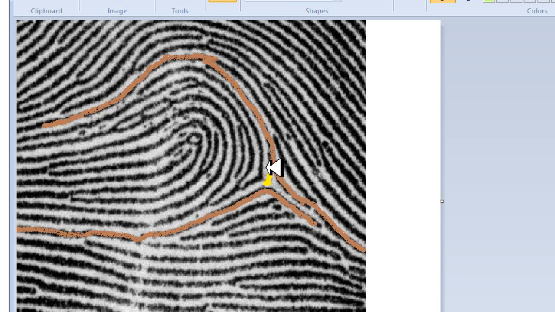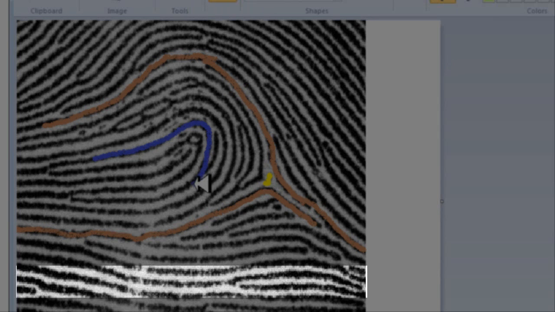And what this opens into, and I'll use another color, these looping ridges that start on one side, curve, recurve, and come back to the same side. Let's start here. It's starting to curve. Now it's recurving and it's coming back.